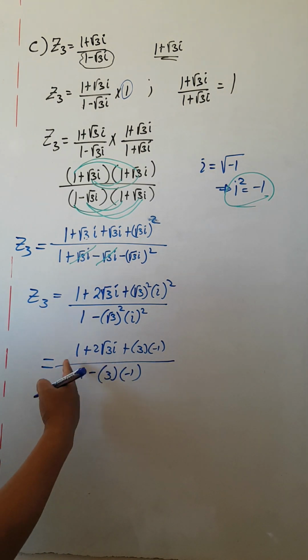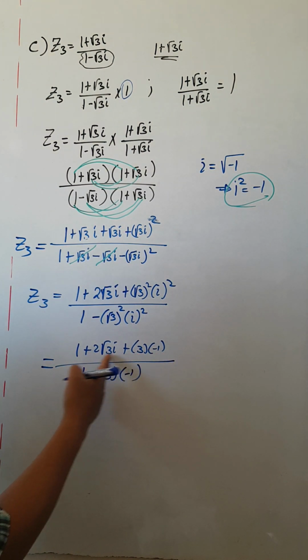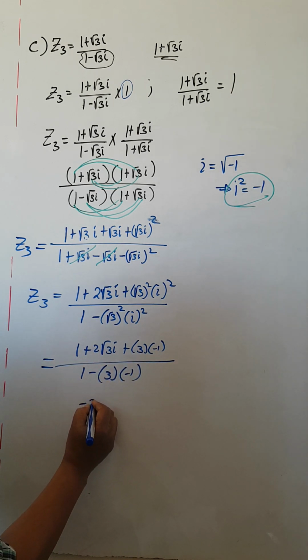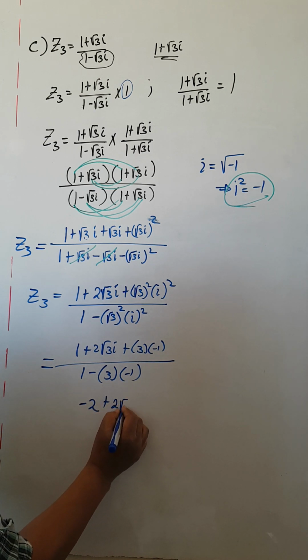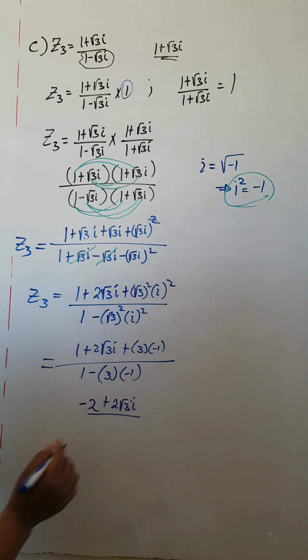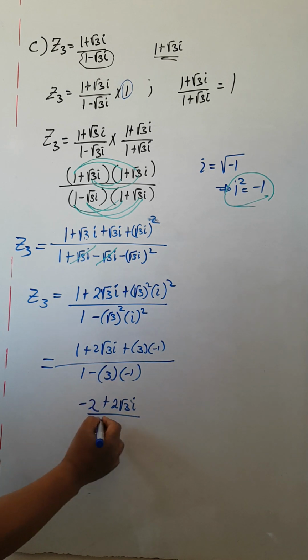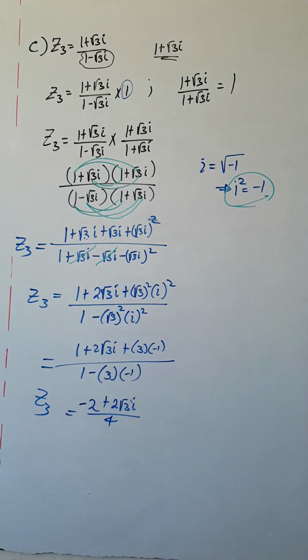Now this is negative 3. Here we have 1 minus 3 is negative 2, plus 2√3i, divided by, this is going to be positive, so divided by 4, is Z3.